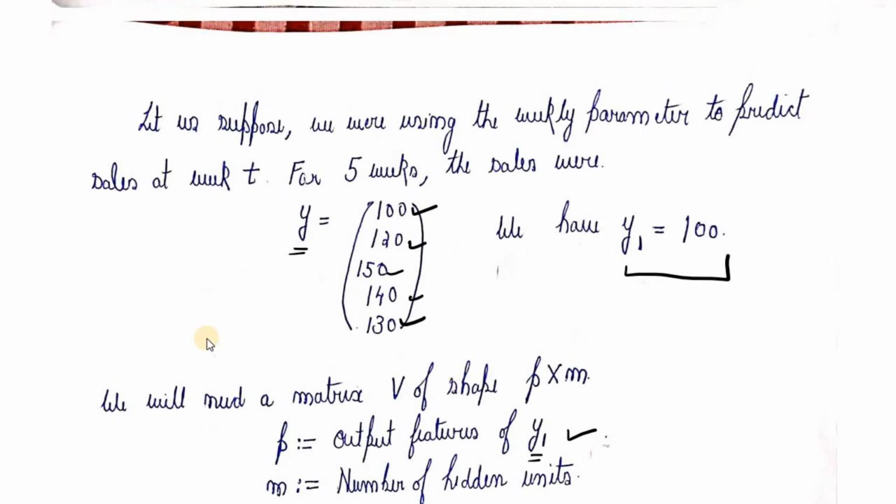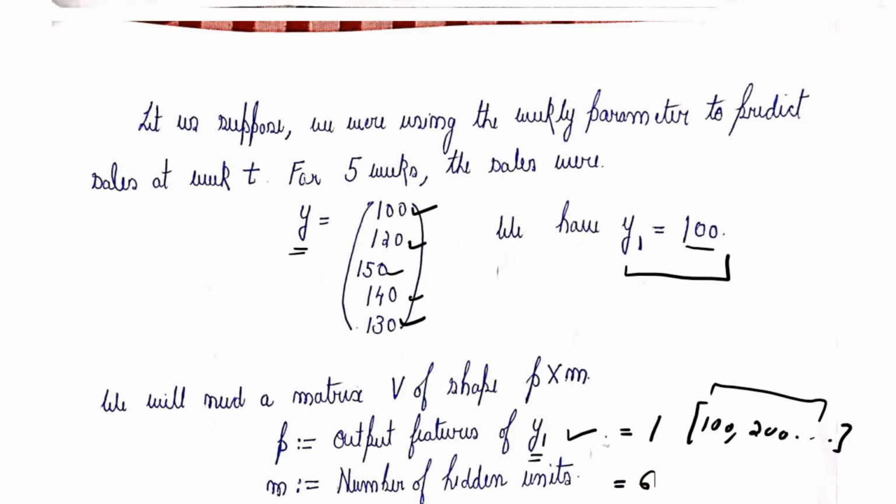So if y1 is a vector, as of now, the number of output features of y1 is just equal to 1 only. But if the output features were like 100, 200, and so on, like we are trying to predict a stream of values over here, then we just need to take the dimensionality of it and put the value of that in P. So as of now, the output feature of y1 is just one, like there is only one value 100 which we are trying to predict, and M is the number of hidden units which we established previously, which was equal to 6.